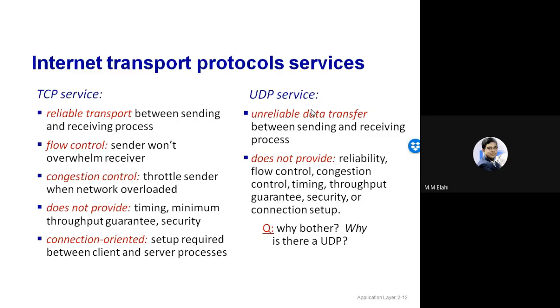But the problem is, since there is no feedback, it cannot ensure reliability, it cannot ensure flow control, it cannot ensure congestion control. So if you have lower bandwidth, then UDP might not be useful. But still, if you want multimedia applications, voice, in that case you definitely need UDP.